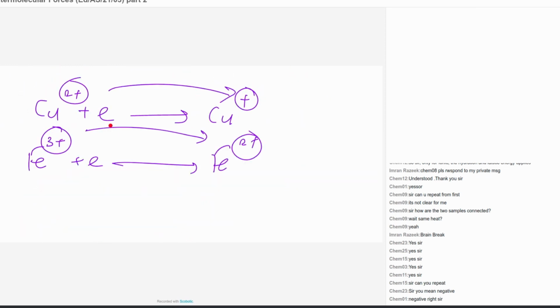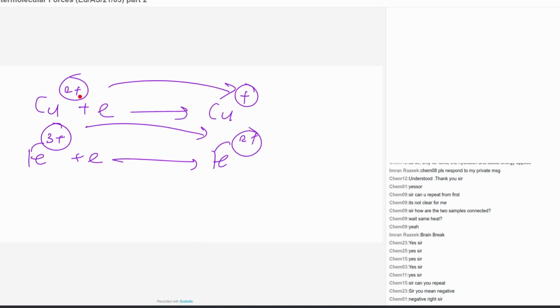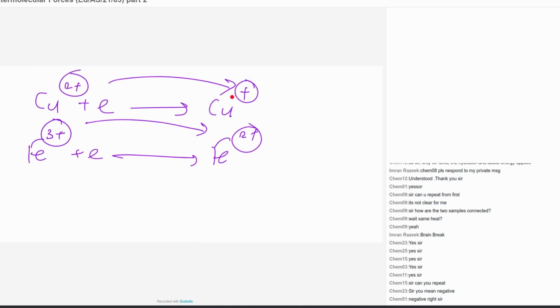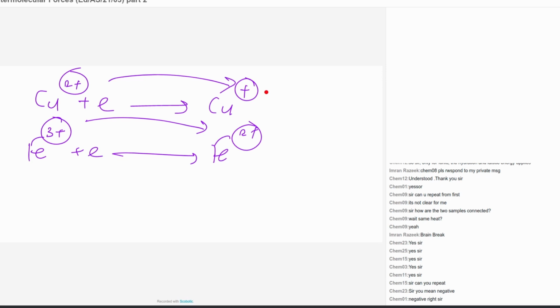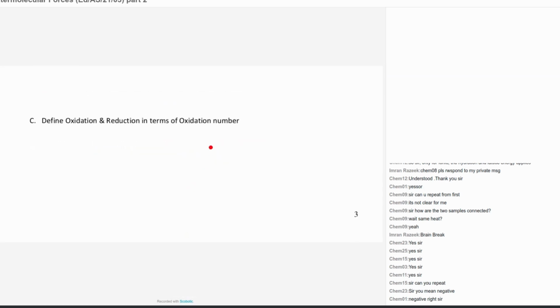Likewise, a decrease in oxidation number is by the gaining of electrons. See, the oxidation number has decreased from 2+ to + by gaining electrons. So gaining electrons is reduction. So reduction is a decrease in oxidation number, right? So that's the fourth definition of oxidation and reduction. An increase in oxidation number is therefore defined as oxidation, and a decrease in oxidation number is defined as reduction.